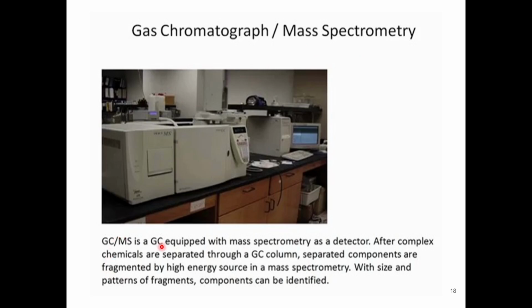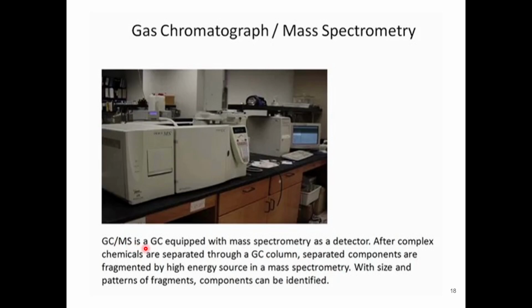Similarly, one more gas chromatography technique is GCMS, gas chromatography mass spectrometry. In this case we use mass spectrometry for detection, where we find the mass per charge ratio. By comparing with known values, we are able to detect the constituent material.